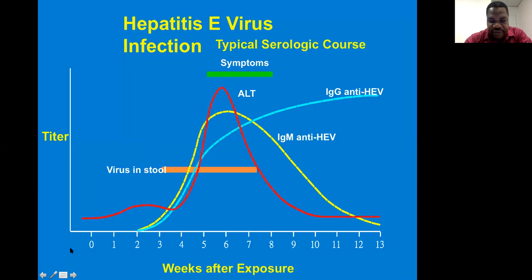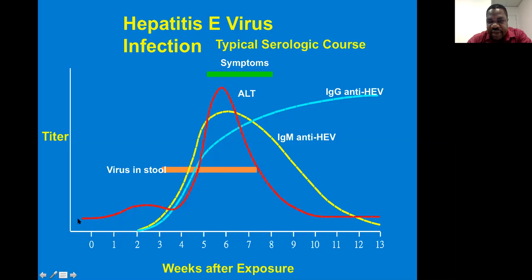This is how the serology is done. Those are the durations in weeks following exposure. You can see that 2 weeks following exposure is where you start seeing, in yellow, the IgM, those antibodies that start increasing. Then here you have the total IgG anti-hepatitis E. Around 2 to 3 weeks, you already find the virus in the stool.